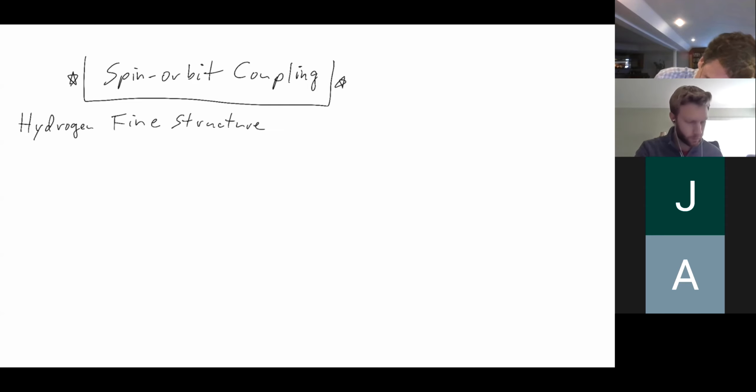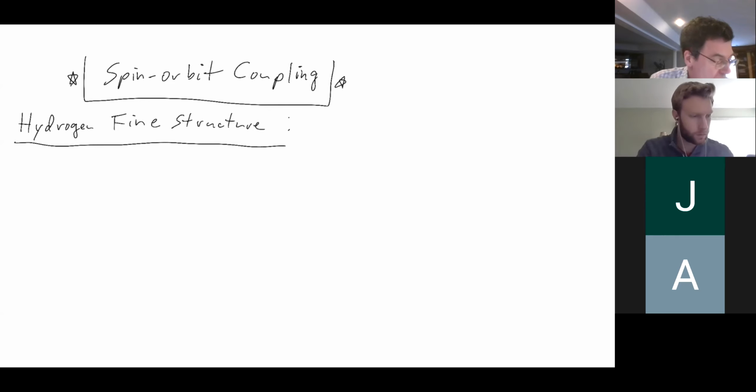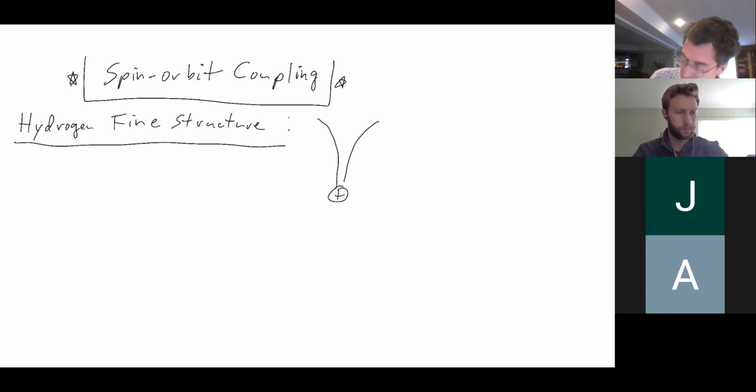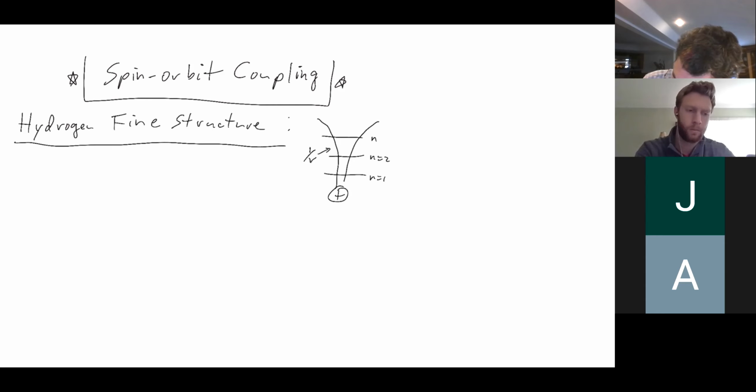And what that means is that we're starting with a hydrogen atom. That's the nucleus, and that's the 1/r potential, and these are the energy levels. N equals 1, N equals 2, N equals 3, etc.